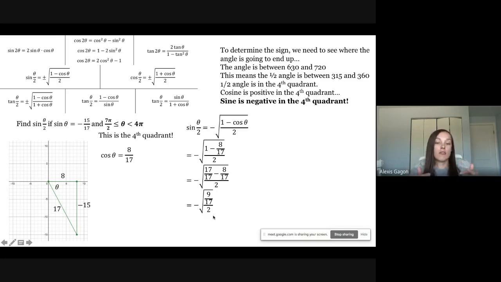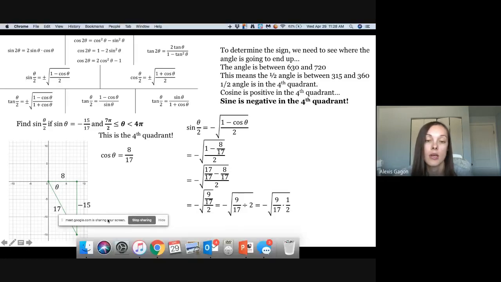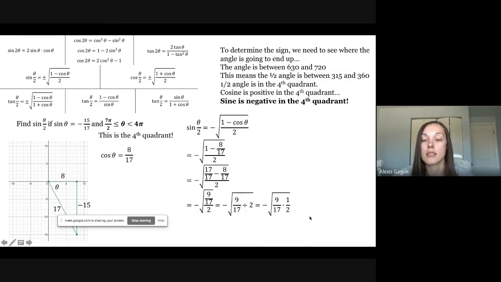Same thing here, we have a fraction inside a fraction, so I am just going to change it to division, which dividing by 2 is the same as multiplying by 1/2. So then this is going to be negative 9 over the square root of 34. And just like I did before, if you have a fraction with the square root, we can break it up.